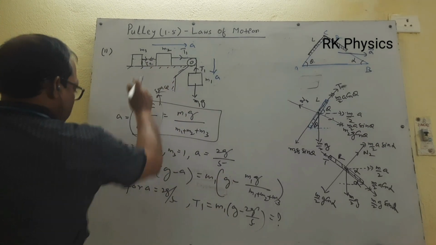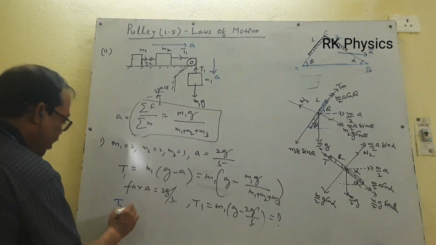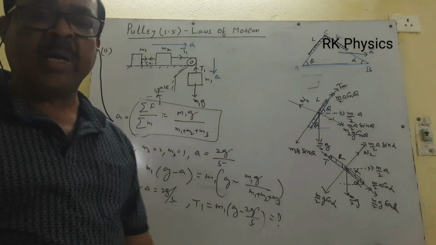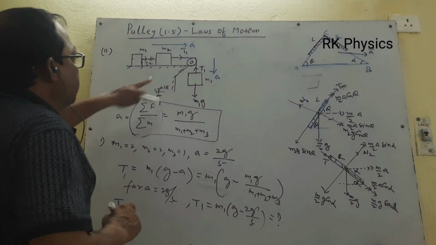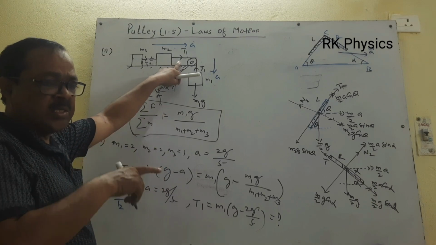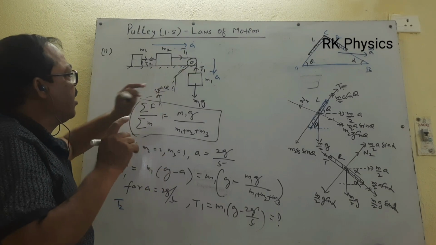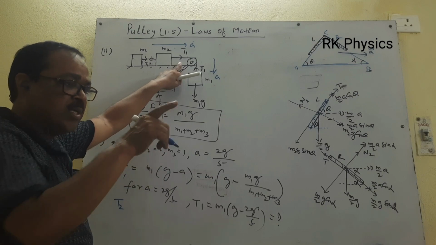Similarly, find the value of T2 directly. How can you find the value of T2? T2 is acting on two masses, M2 and M1. If you take the equation related to M2, you have to use T1 and T2. But I do not want to use T1. I want to calculate T2 independently.